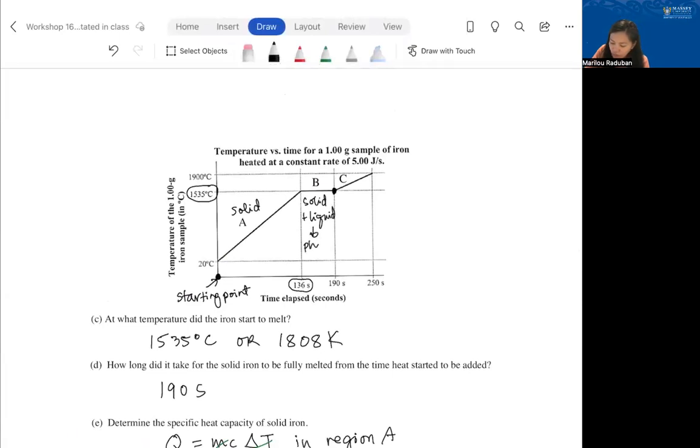Therefore, region B is what we want to look at when considering the phase change and the latent heat. Region B, where phase change is occurring, is just between the time interval 136 seconds and 190 seconds, right?